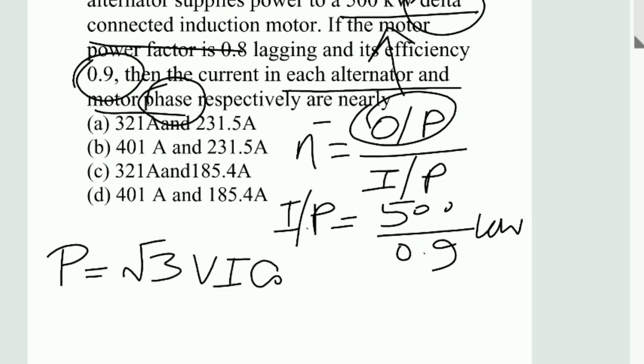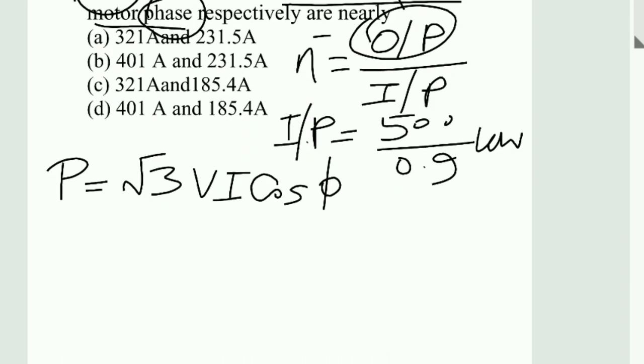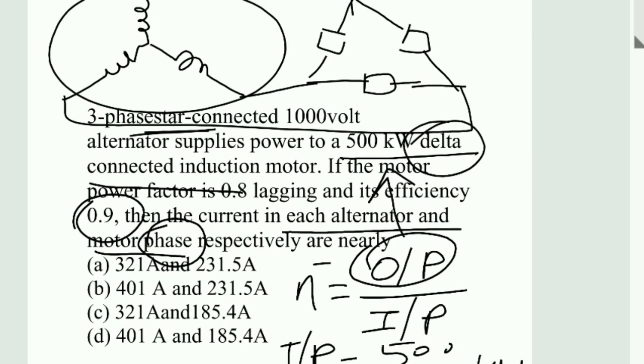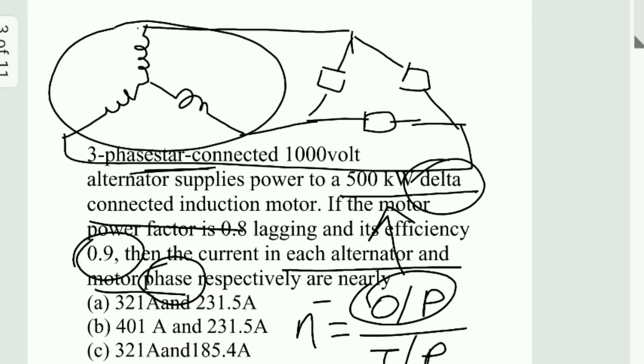VI cos phi, right? So we are getting here I, the current from the side of alternator, where the alternator is star connected. That is why the line current is equal to the phase current.